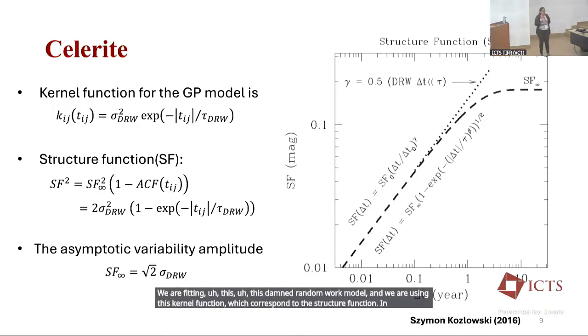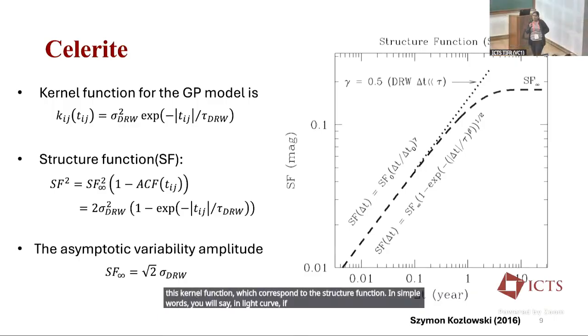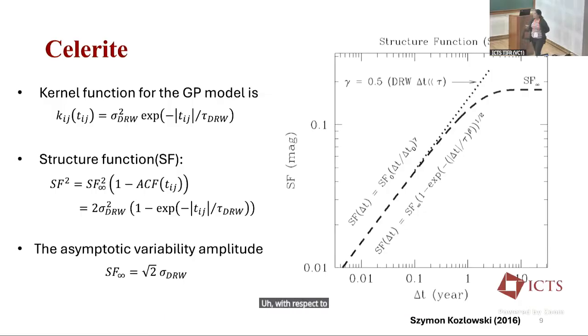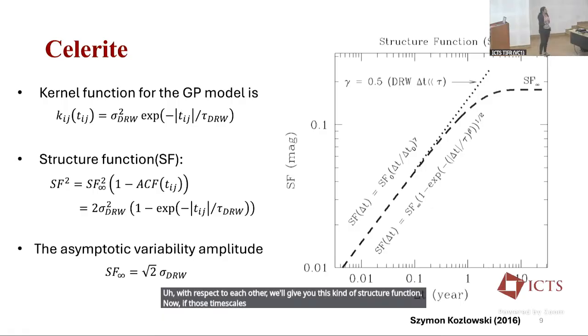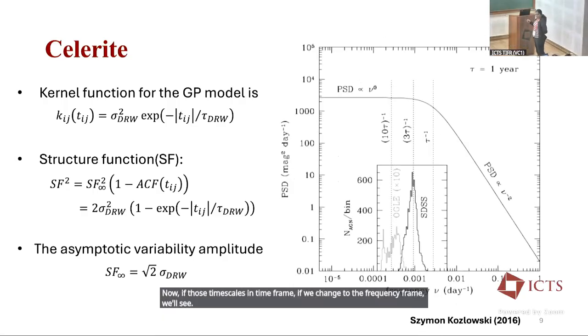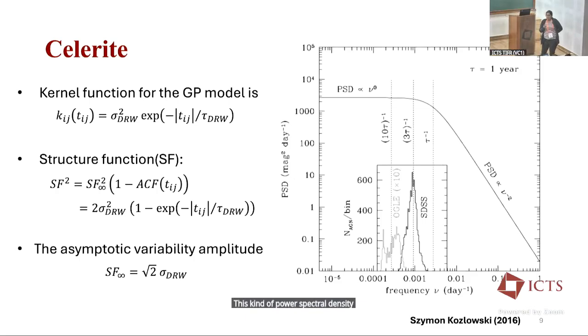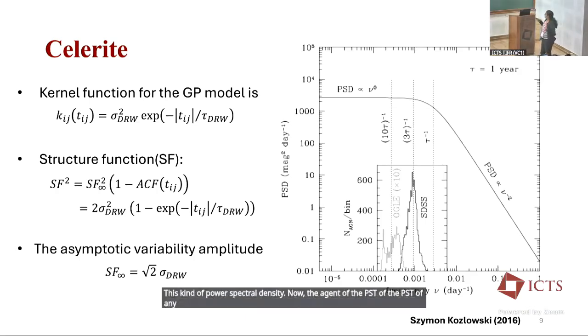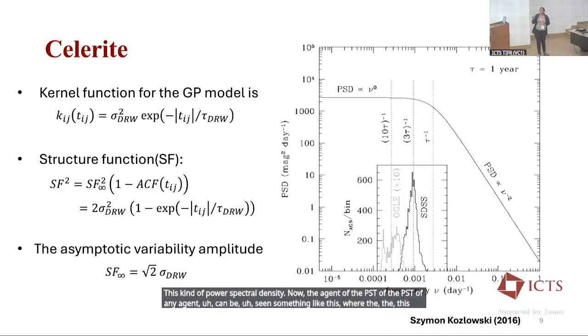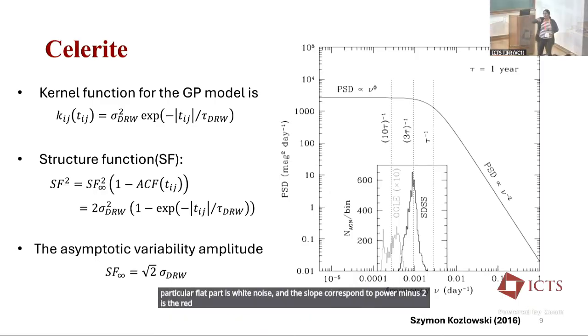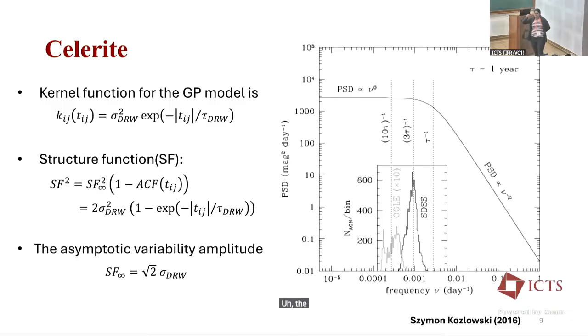In simple words, if I take two epochs in a light curve, how they behave with respect to each other will give you this kind of structure function. Now, if we change from the time domain to the frequency domain, we'll see this kind of power spectral density. The PSD of any AGN can be seen something like this, where this flat part is white noise, and the slope corresponding to power -2 is the red noise, which is at smaller frequencies.